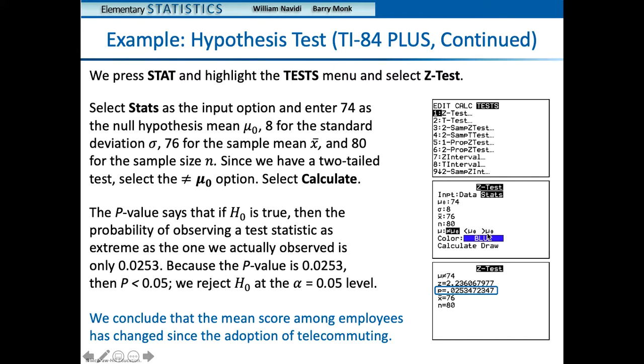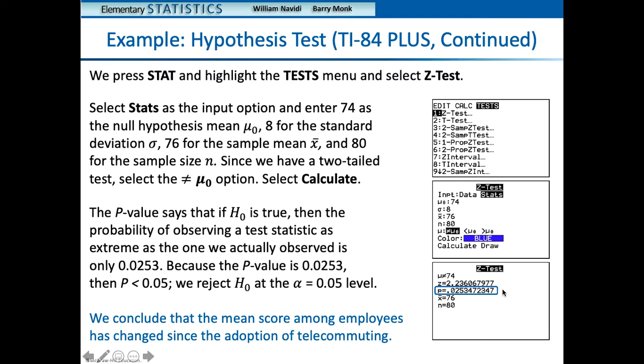And then down here you can choose two-tailed, left-tailed, right-tailed, right? So those are your options. This one is a two-tailed test. You select that. Ignore the color. I think most calculators don't even give that option. And then just go down here to calculate, press enter, and it will give you this readout. And it gives you the z-value and the p-value.